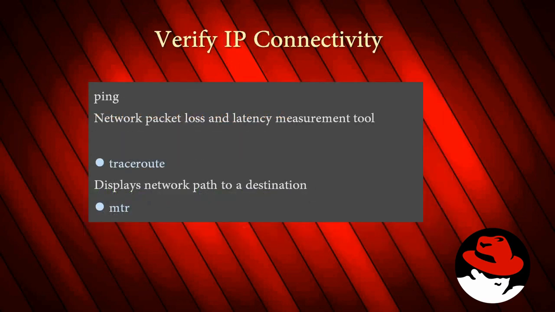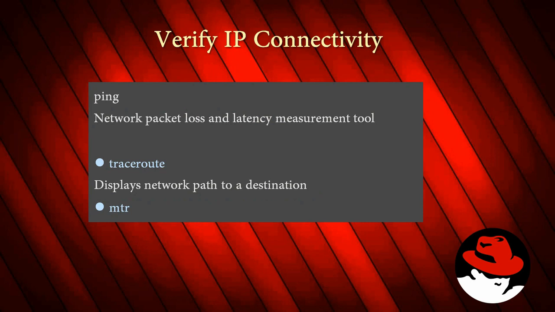You can verify IP connectivity by using the ping command. Suppose we want to verify whether google.com is up and showing the connection. We can write ping space www.google.com. Our computer tries to establish a connection with google.com.